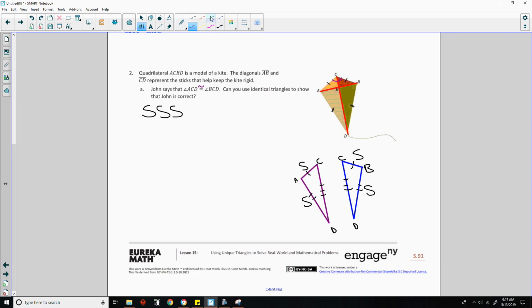We can conclude that angle A is congruent to angle B, angle ADC is congruent to angle BDC, and ACD is congruent to BCD. All right, so angle ACD is congruent to angle BCD because the two triangles are congruent by the side theorem. So yes, John is correct.